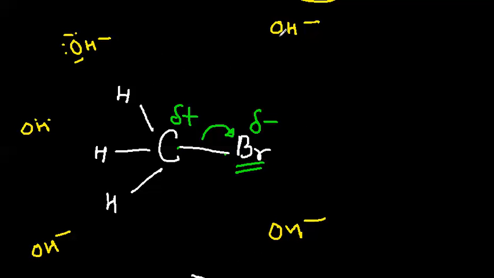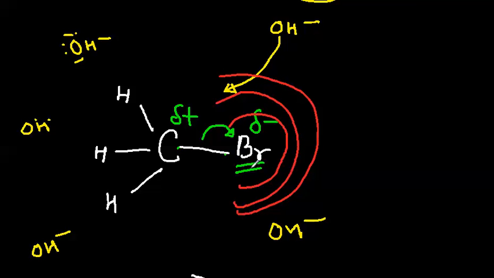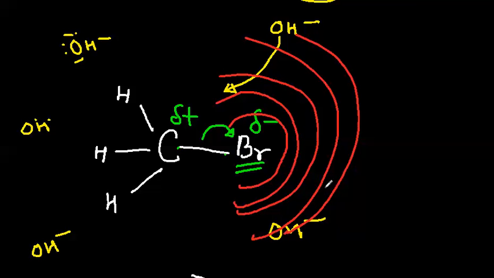Now, if this OH wants to approach this carbon, it cannot approach from this side because of the presence of the bromine group here, which is an electronegative group, and it has its negative electric field here, which is going to repel these nucleophiles away. So there is no way that the nucleophile can approach from this side.